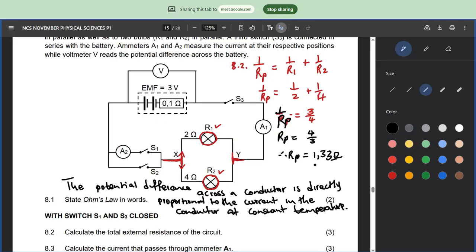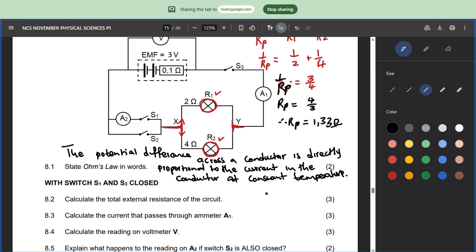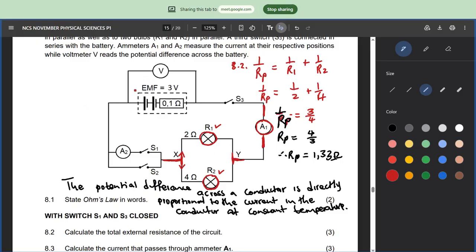Do you understand how I did that question? Yes, sir. Okay. The next one, they say, calculate the current that passed through ammeter A1. Okay, so A1 will read the total current. Just know that A1 will read the total current. So the current that passed through this part and that part is the total current. And we're going to use Ohm's law.